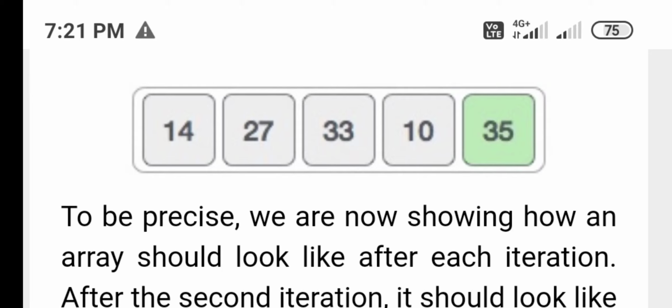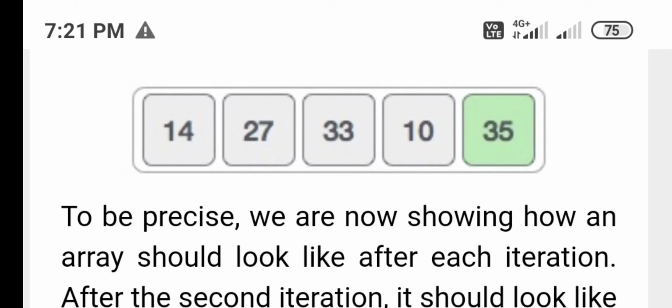No, because we have to place the largest element in the array in its appropriate position. Now we completed one iteration. It is not an array of sorted elements yet.